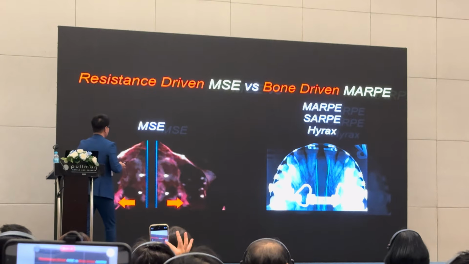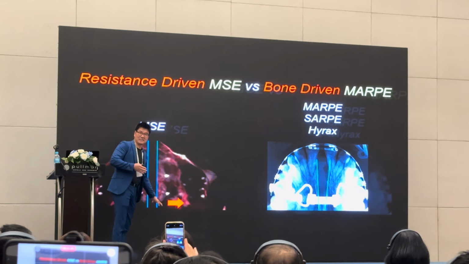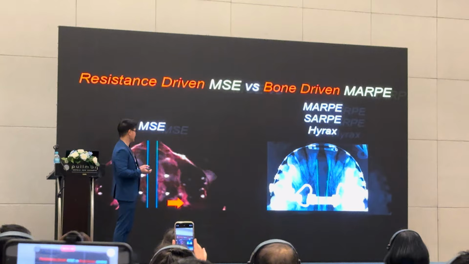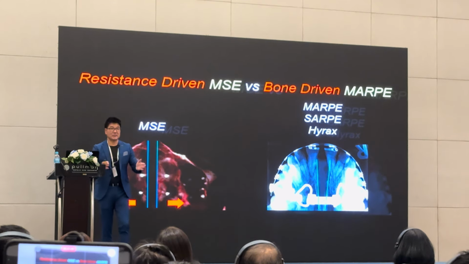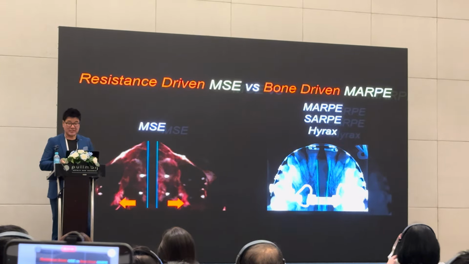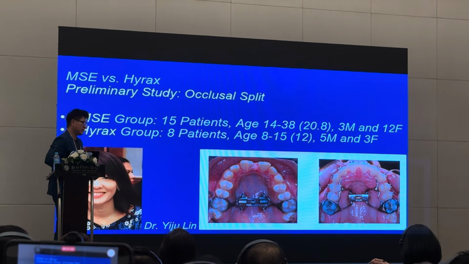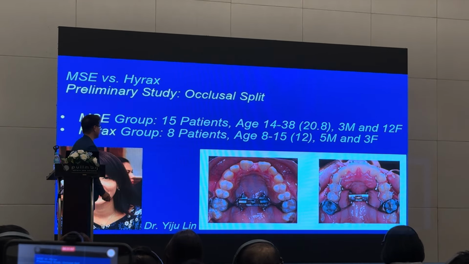At the beginning, we weren't so sure whether we were getting this consistently, so we took a lot of records. We measured the angle between these two blue lines to see whether we are truly getting parallel expansion. Dr. Lim was one of my first students from Taiwan. She did this investigation.